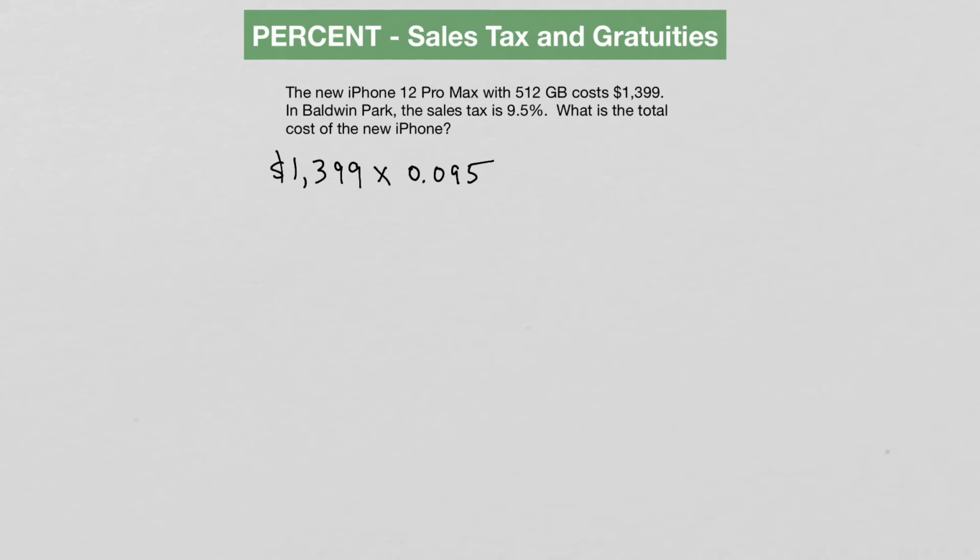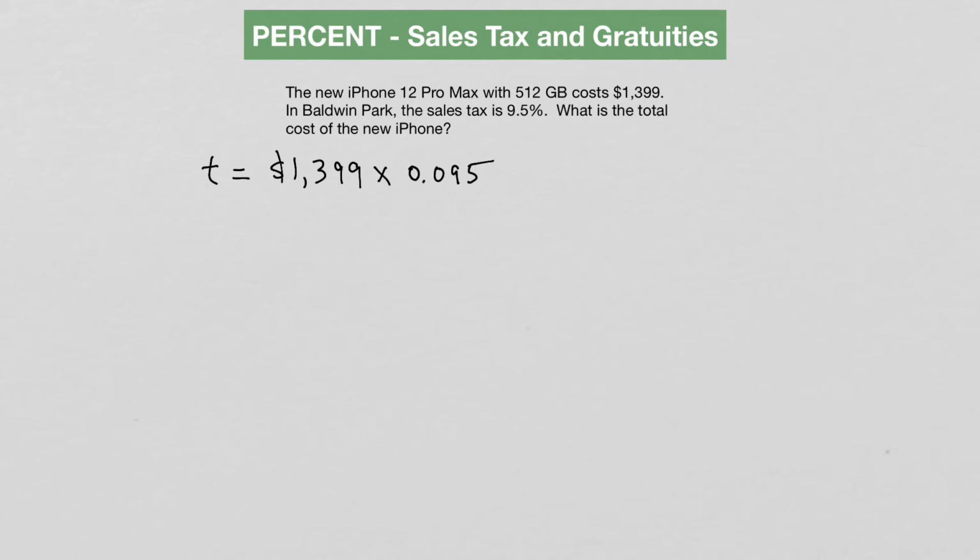And I'm going to set that to T for tax. And you'll notice that I changed the 9.5% to 0.095. So we changed a percent to a decimal.